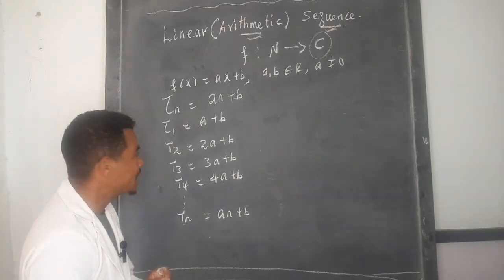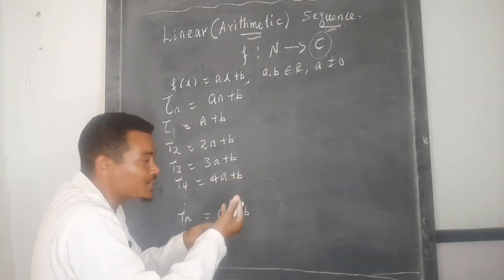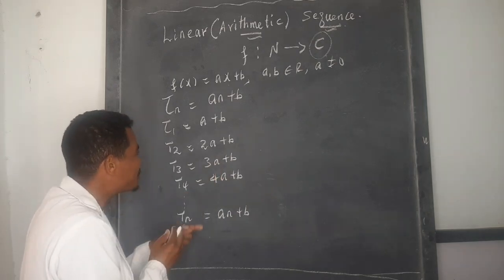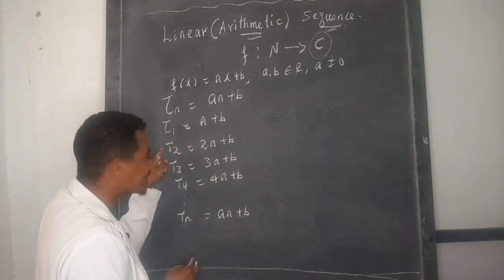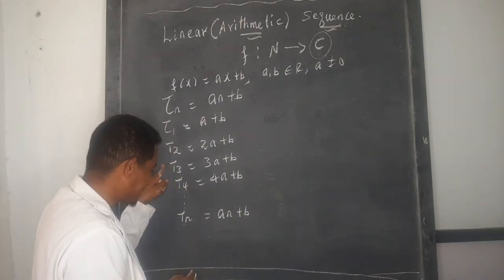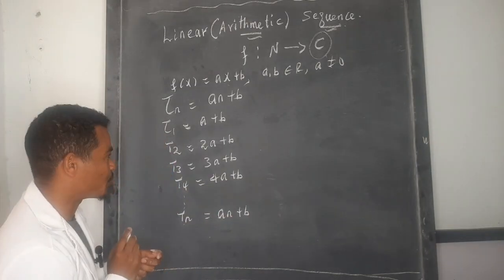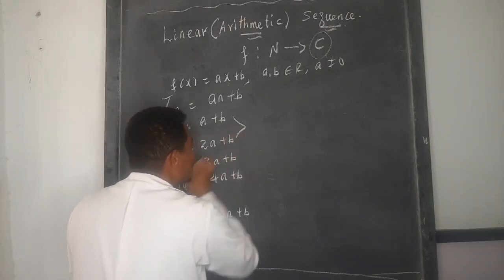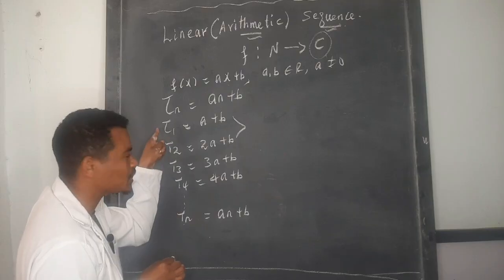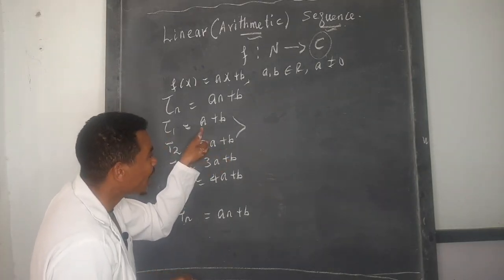So how do we find a and b? If it's an arithmetic sequence, the difference between two consecutive terms is constant, as we said. That means t2 minus t1, t3 minus t2, t4 minus t3, and tn minus tn minus 1 are equal. Let's find d here. Taking t2 minus t1, that is 2a plus b minus a plus b.